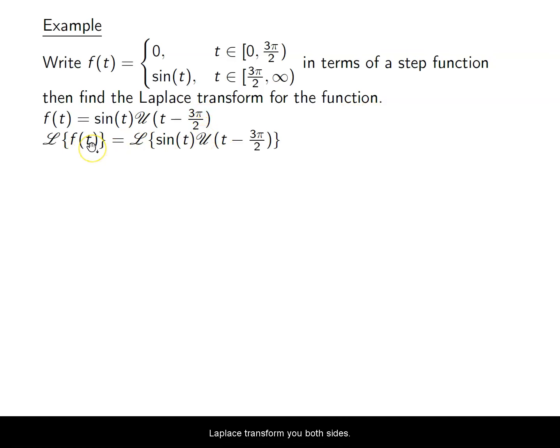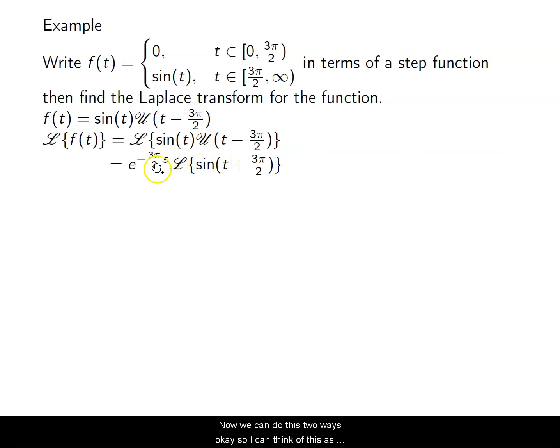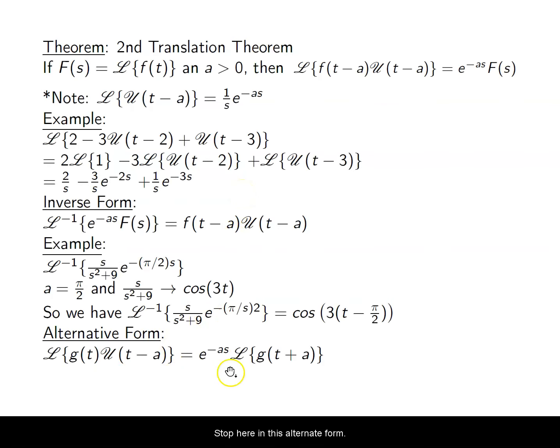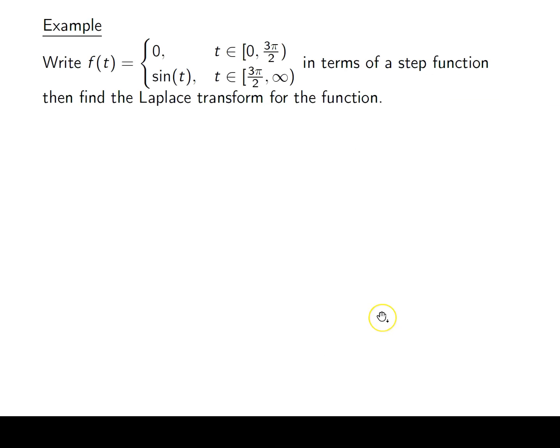So when I do this, I take the Laplace transform of both sides. Okay, now we can do this two ways. I can think of this as e to the negative 3 pi s over 2 times the Laplace transform of sine of (t plus 3 pi over 2), as we saw here, in this alternative form.